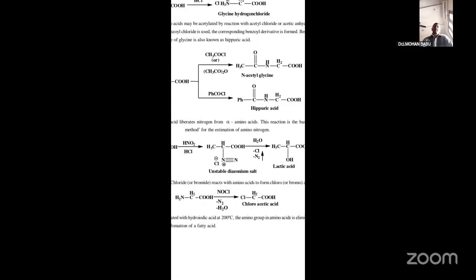And here this glycine, upon treating with benzoyl chloride, PhCOCl, you will get hippuric acid, N-benzoyl glycine. We call it N-benzoyl glycine, and this is hippuric acid. This is done in the presence of some base like NaOH.